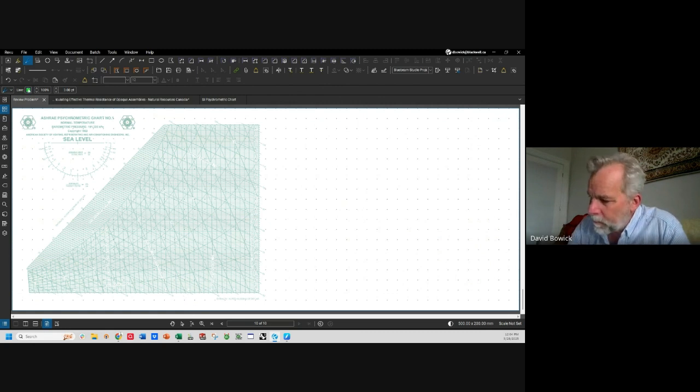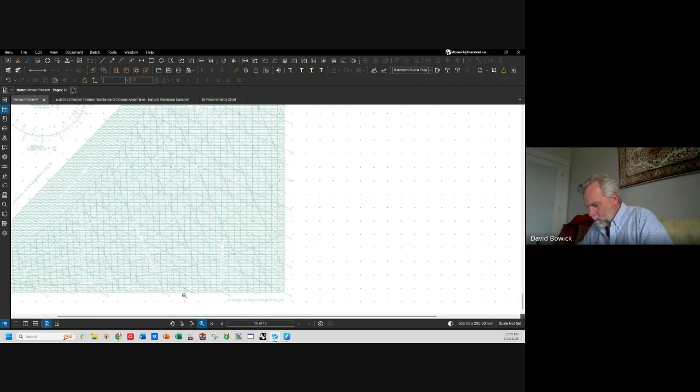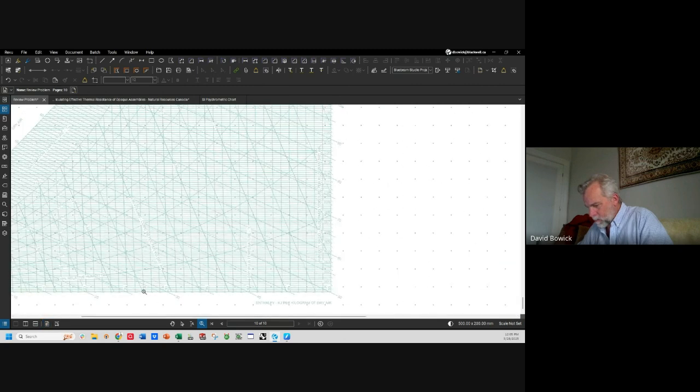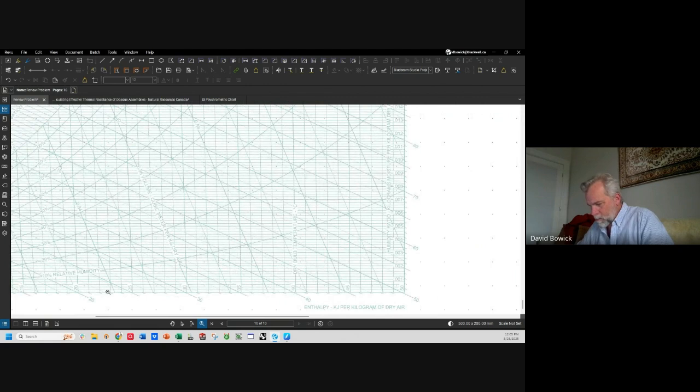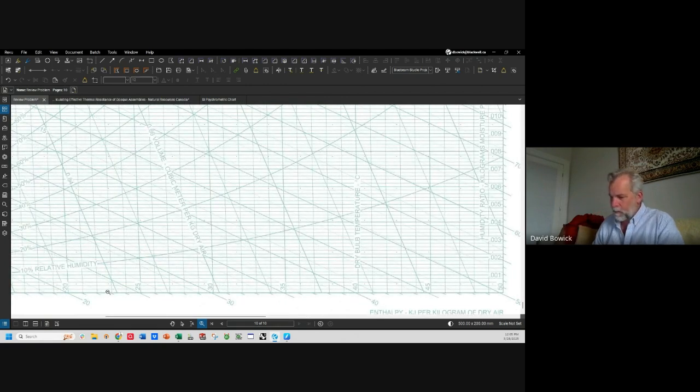So I'm going to go back to red here. Zoom in. Here's our 24 degrees, relative humidity of 50%. So I'm going to draw that. 24.